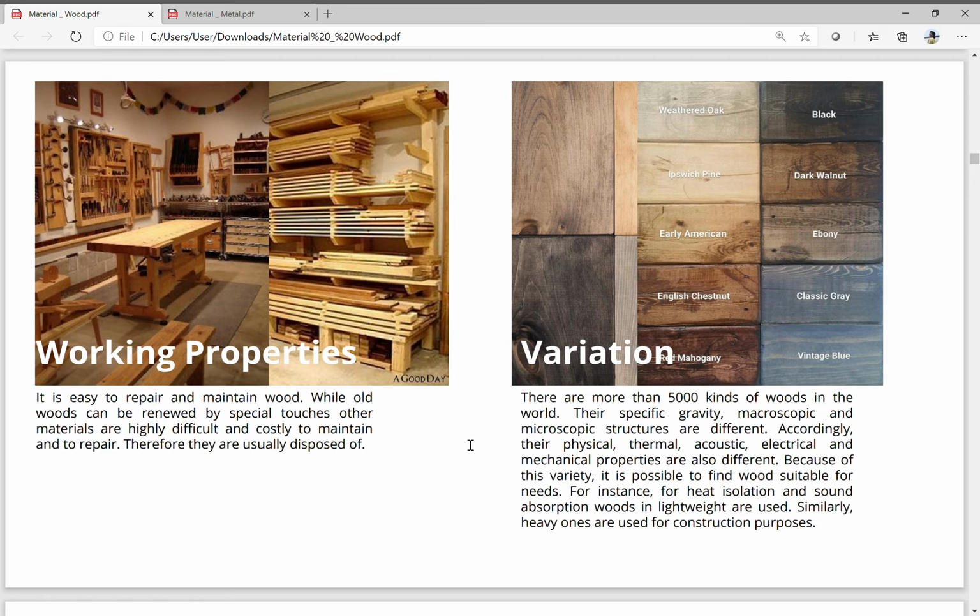For variation, I think I mentioned earlier, there's a wide variety of wood, so you can stain it. In practice, we use, let's say, lawaan as a base wood, and then you can stain it to any color. You can stain it to a mahogany red or a walnut color.